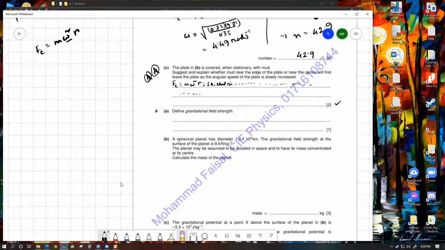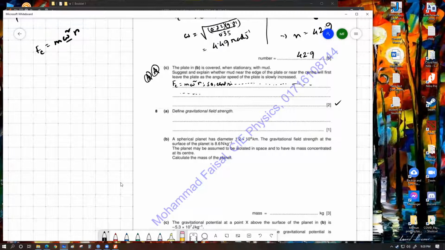Now, this is a wrong set of wording. I would say, so the mud at the border will fly off early because the frictional force will not be enough to keep the mud in place.